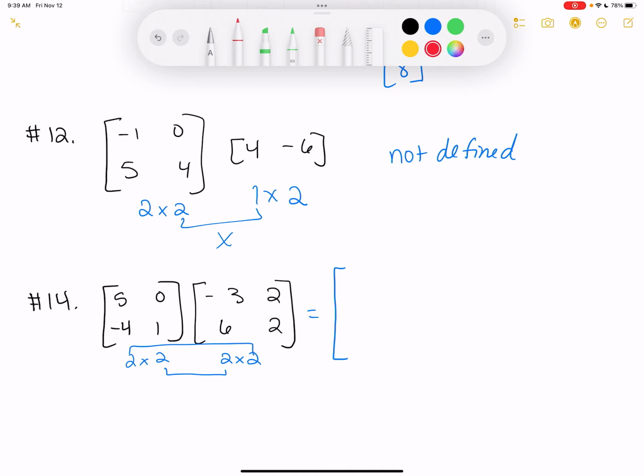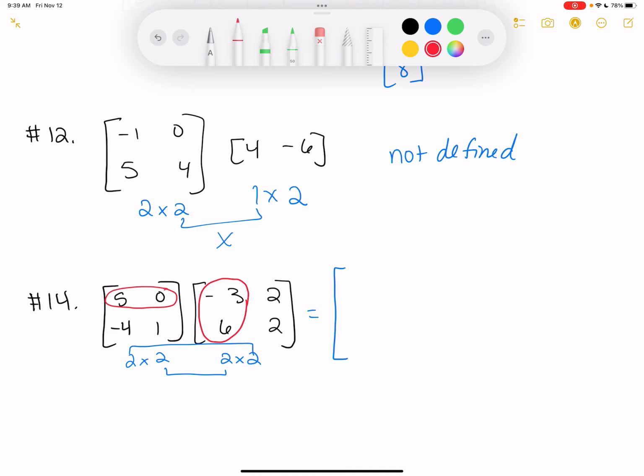I'll try to color code this to help. In this first spot, what we do is the first row times the first column, and then it's going to be plus... well, hold on, never mind, we'll get there when we get there.